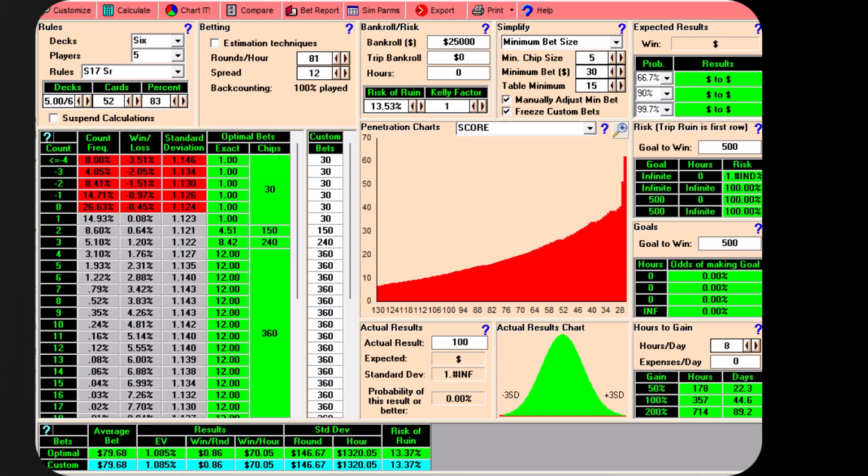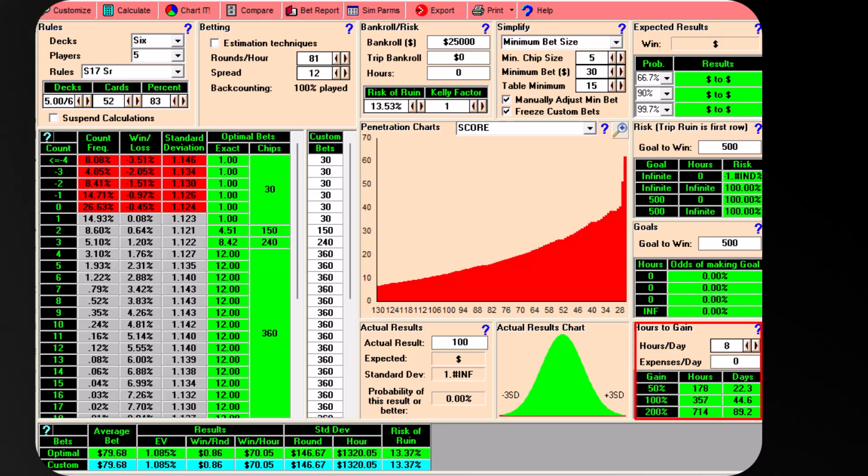Working our way down, we have the risk box, the goals box, and then the hours to gain box.